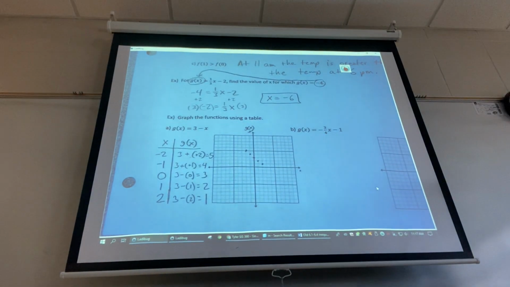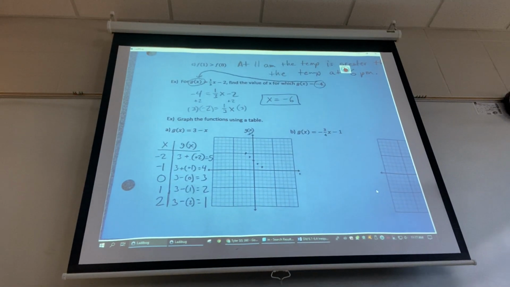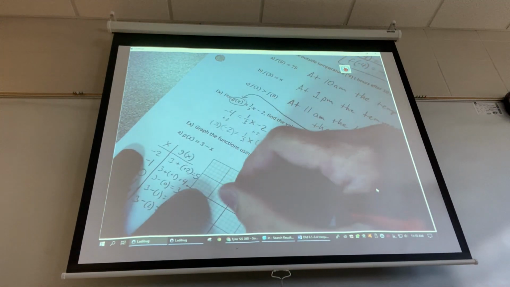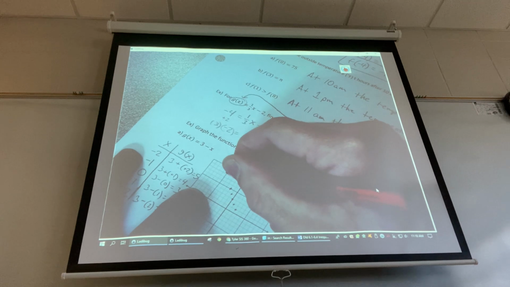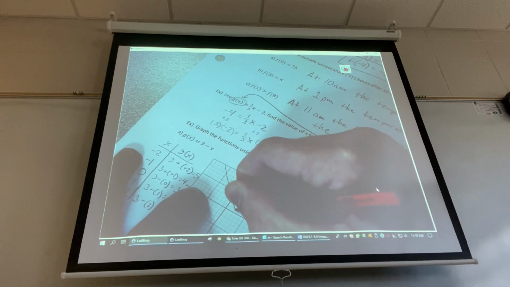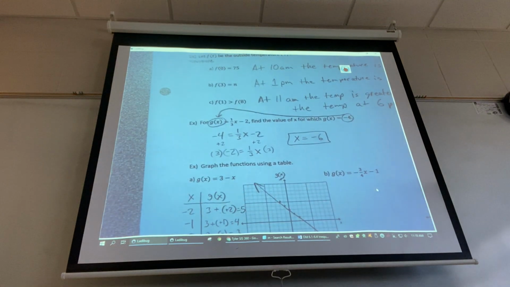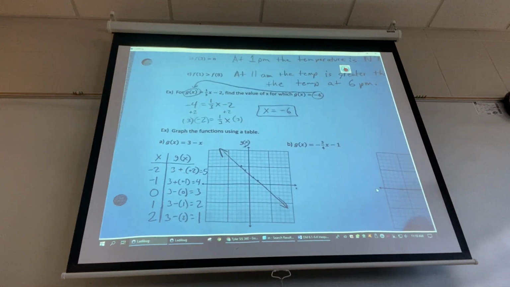So what I'd like for you to do is, ideally with a straight edge, connect these dots. And it appears to be a line, doesn't it? We have trouble drawing. Yeah, it's kind of tricky.